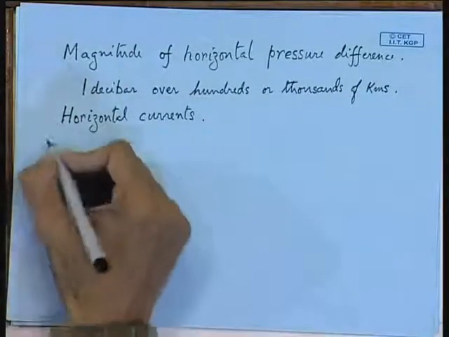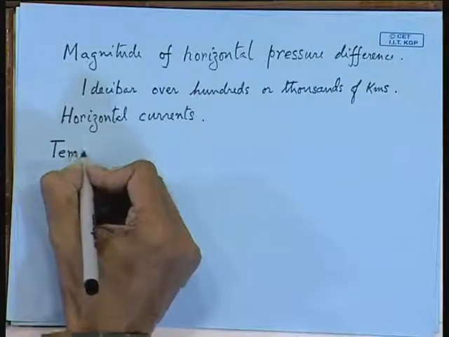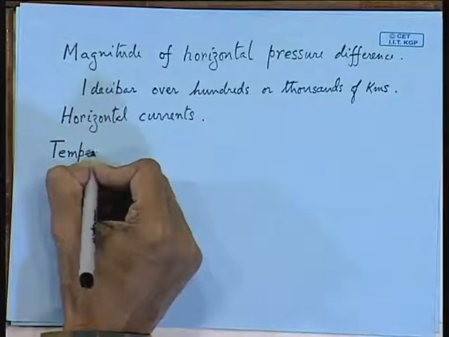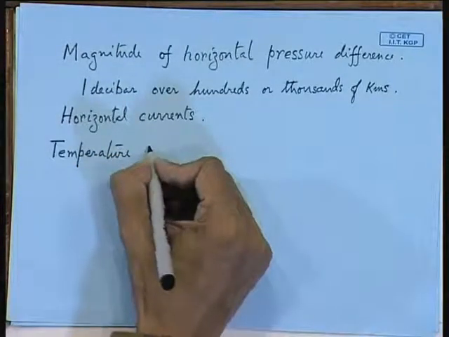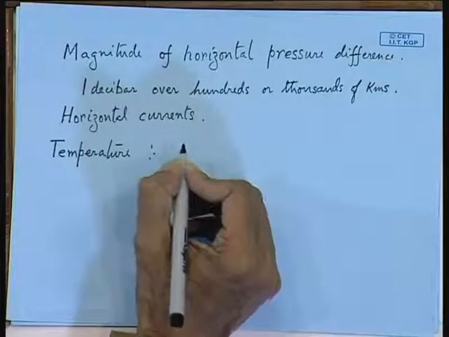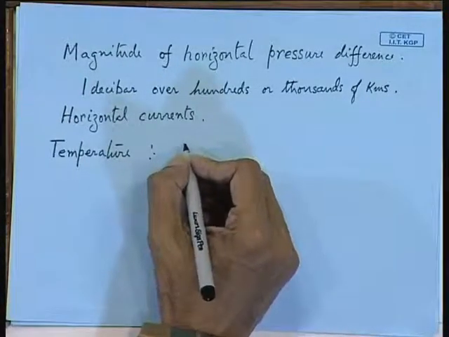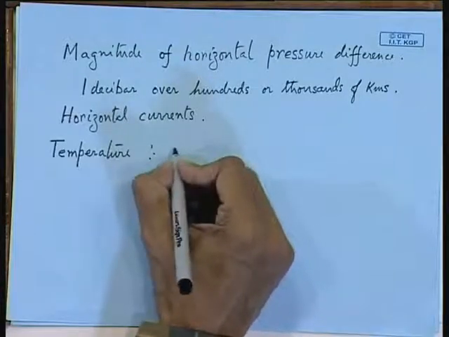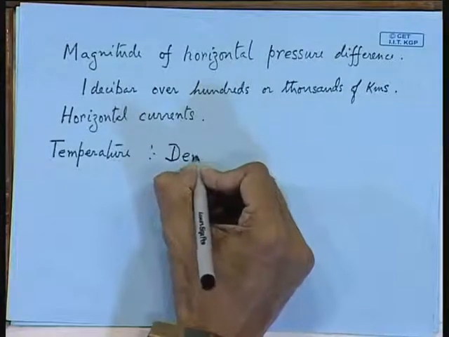Now the other parameter is temperature. So what does ocean temperature do? It is a density defining parameter.